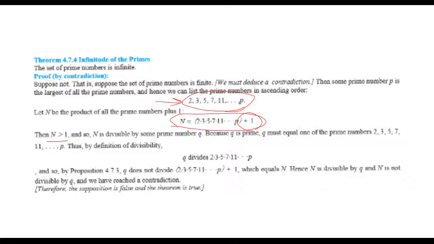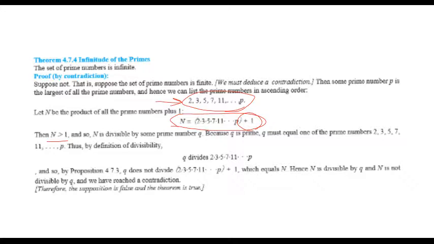So since 2, 3, 5, 7, 11 all the way to p are the only prime numbers and n is not equal to any of these, n is not prime, n is composite. And since n is greater than 1, it should be divisible by some prime number, because any composite integer is divisible by some prime number, correct?